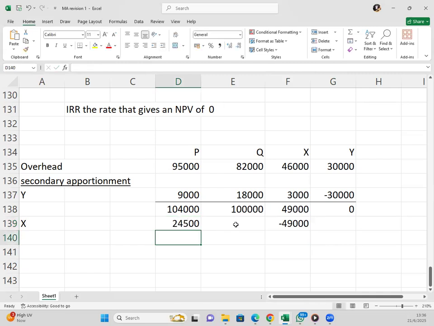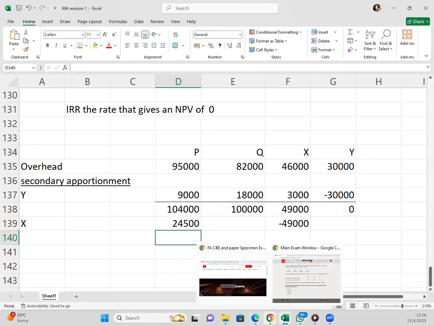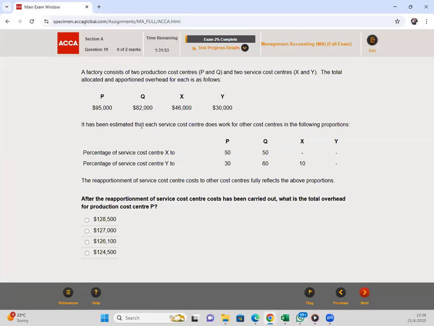Is it 49,000 or 46,000? That's a good question. It's supposed to be 49,000. The reason being, if we go to the question, service department Y was providing a service to department X. It has been estimated that each service cost center does work for other cost centers in the following proportions.